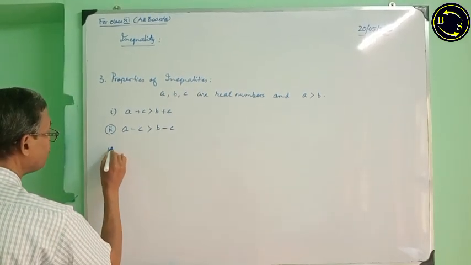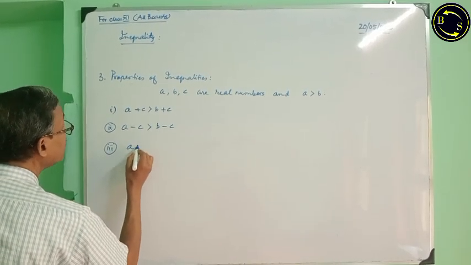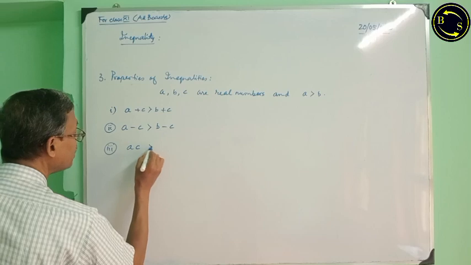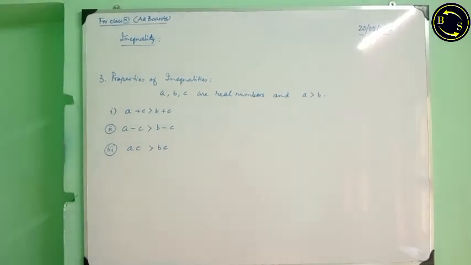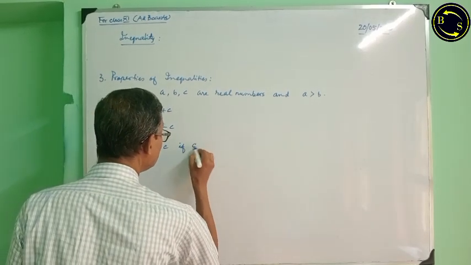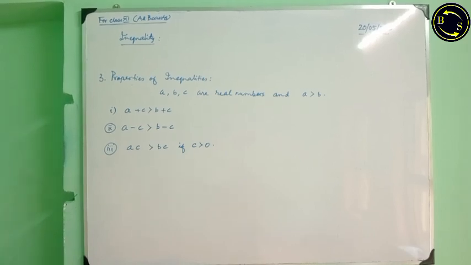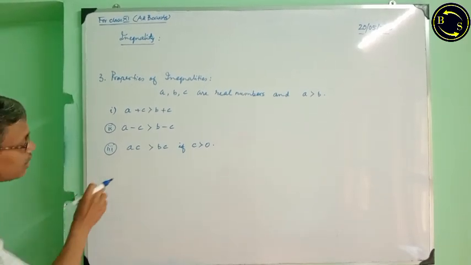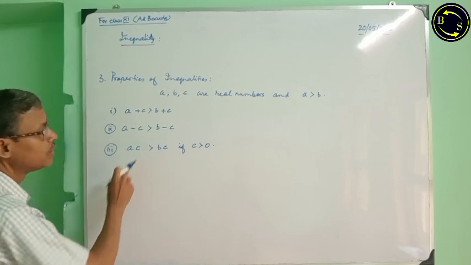Next, if we multiply, AC greater than BC if C is positive, then this inequality will hold.